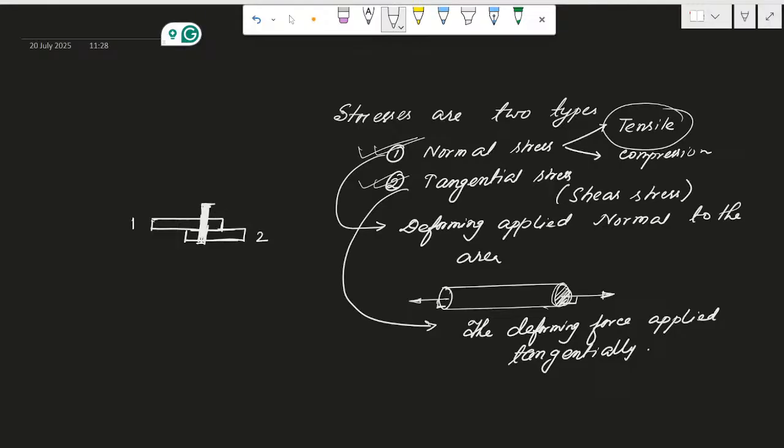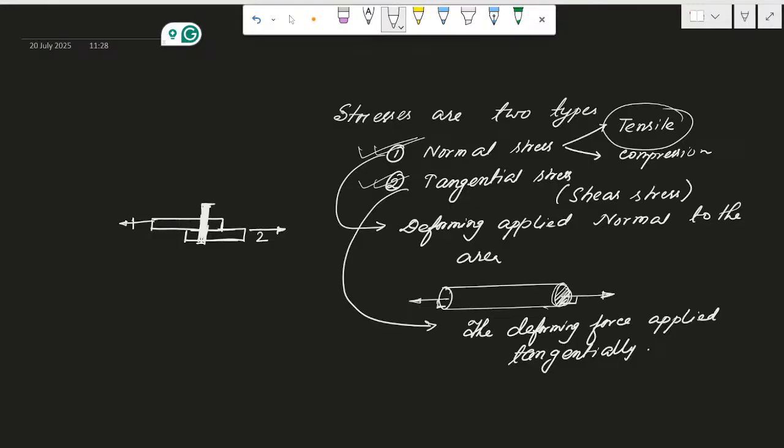Suppose a bolt, you see the bolt. Now if the force is applied here in this direction and here in this direction, what will happen to the bolt over here? You see, the bolt is actually joining the two plates.